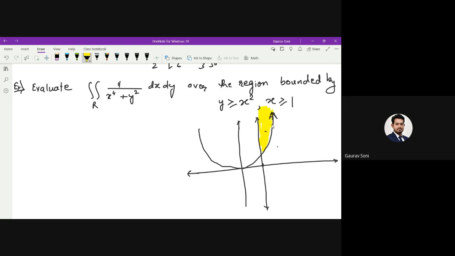Take the strip which you want, either parallel to x-axis or y-axis. Y-axis, okay.